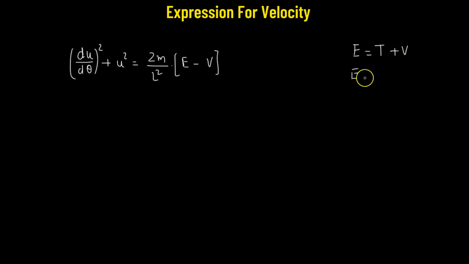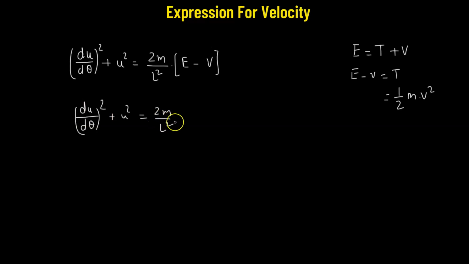So that means E minus V will be equal to the kinetic energy, and the kinetic energy is given by half multiplied by the mass of the object times the velocity squared. So we'll use this value. That means we have du over d theta whole squared plus u squared equals 2m over L squared multiplied by half mv squared.